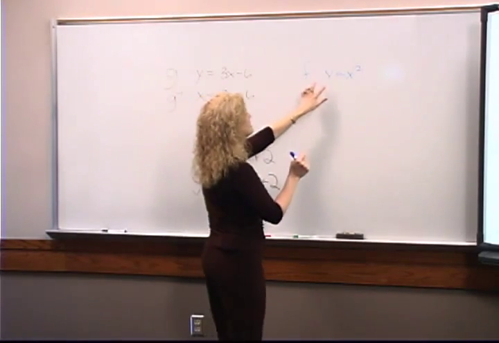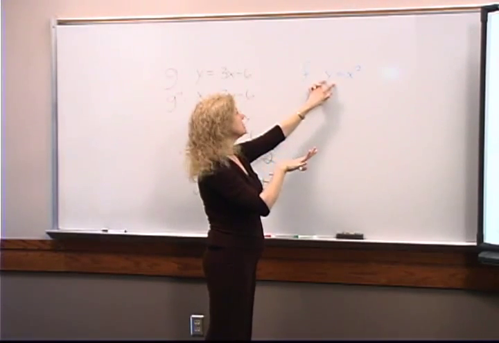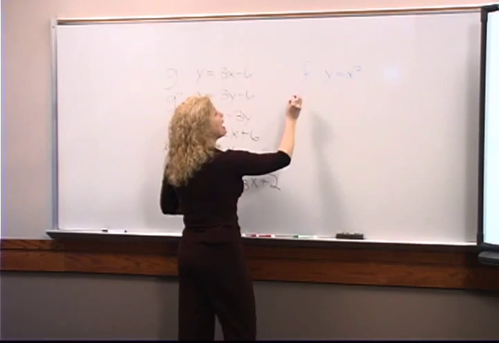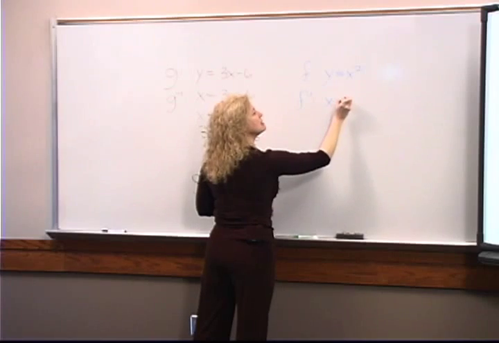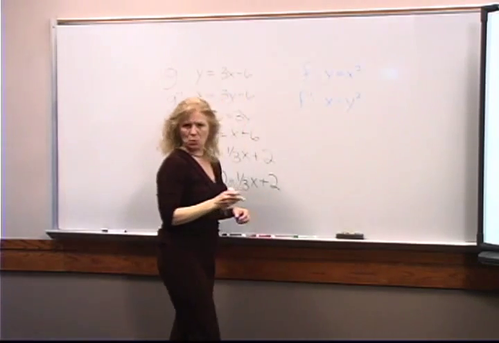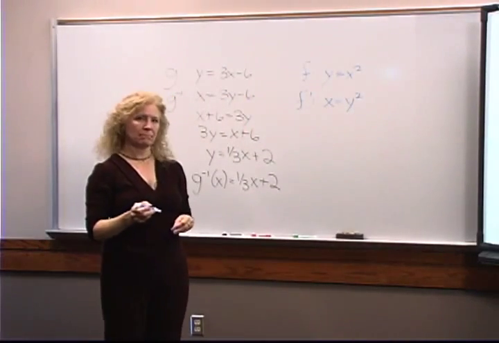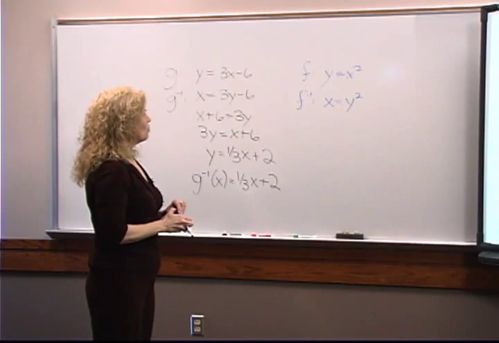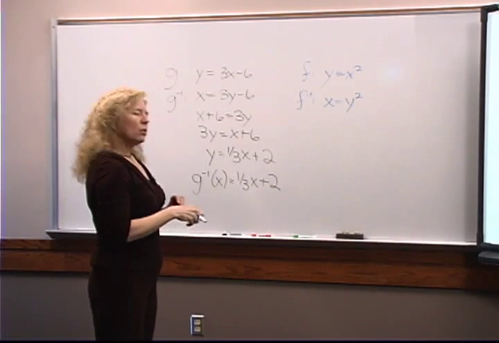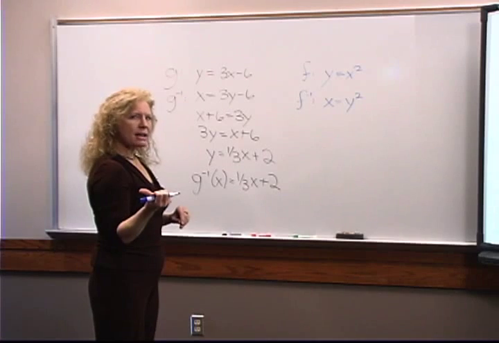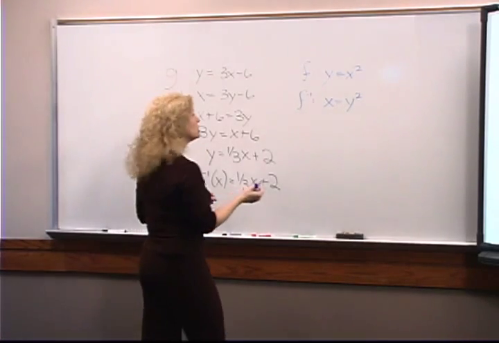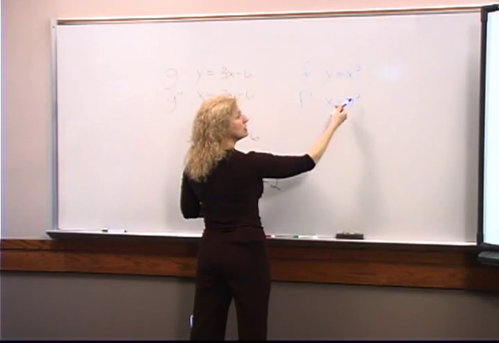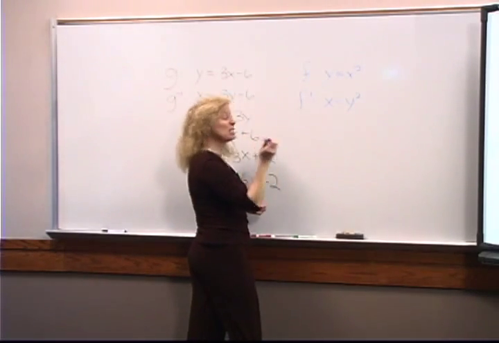So it helps to see where that y would be sitting. Now that means that for the inverse, I'd have x equals y squared, right? Well, now I need to solve it for y. And to solve it for y, I should square root it, because that undoes squaring.